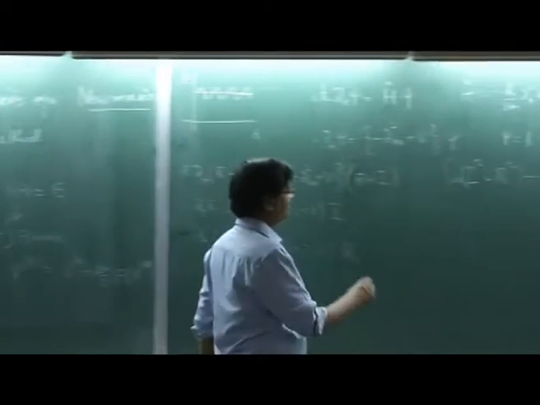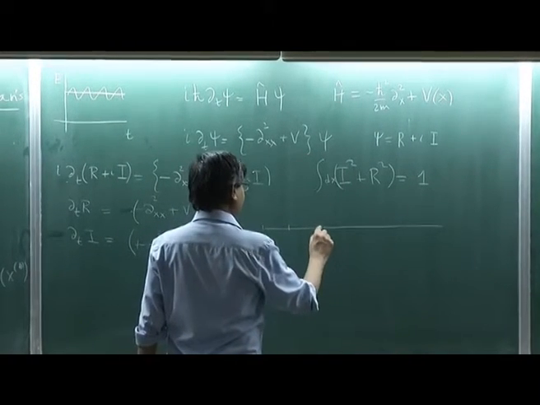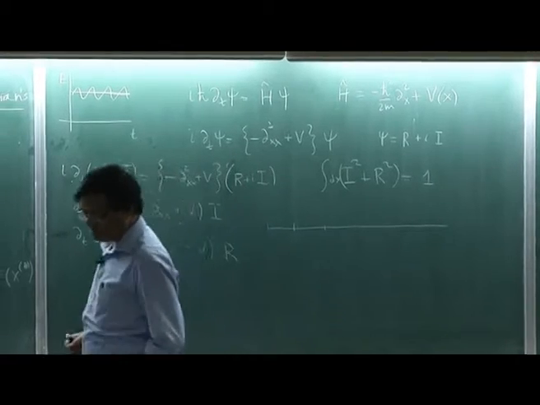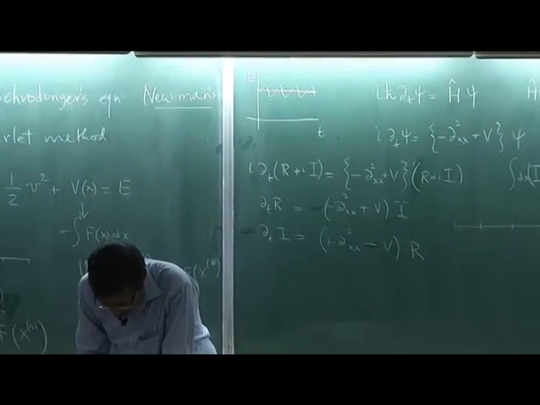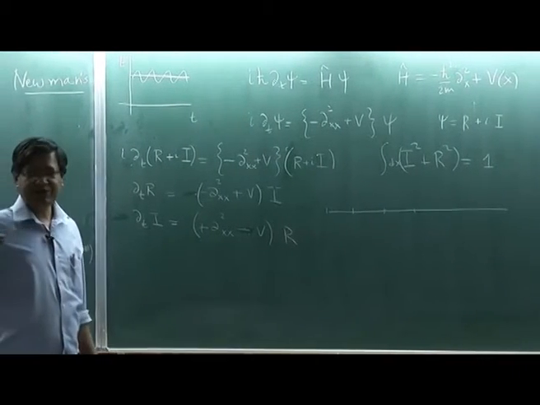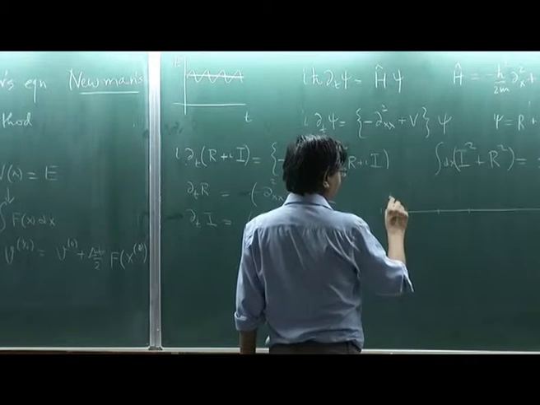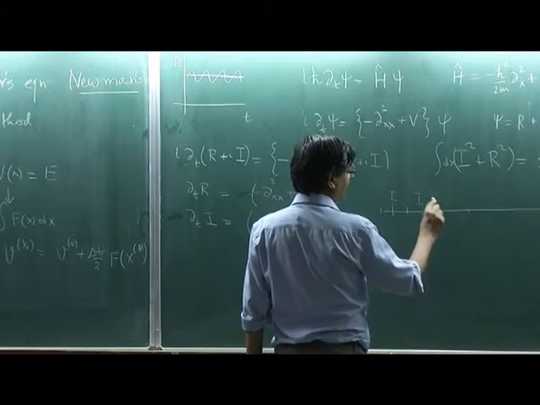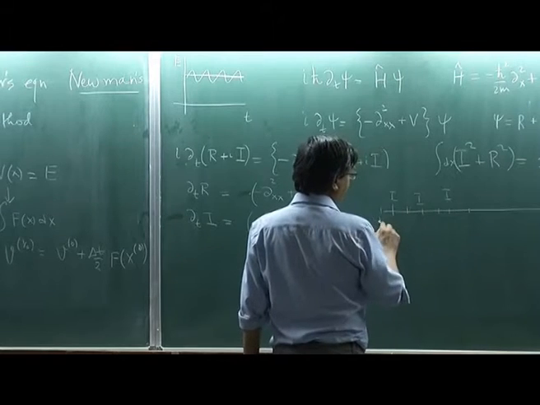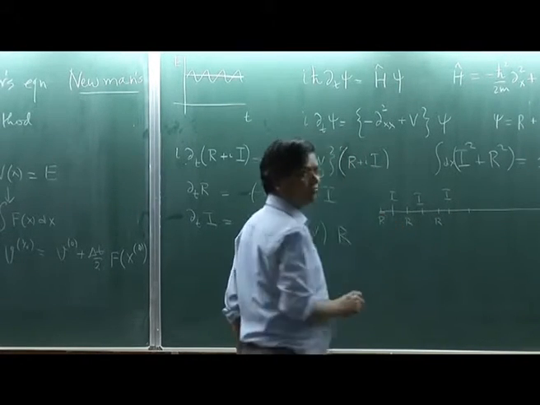So what I will do is I will store the imaginary part. Let me just make sure that I am doing it right. Imaginary part at midpoints. So imaginary parts at midpoints here, and the real parts here. Okay.